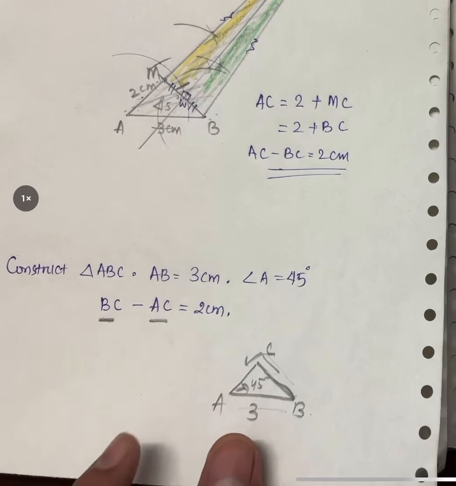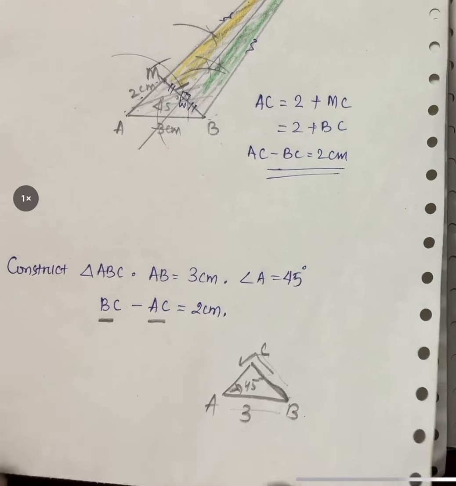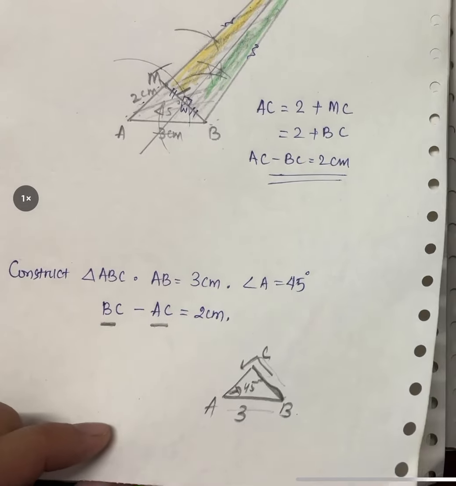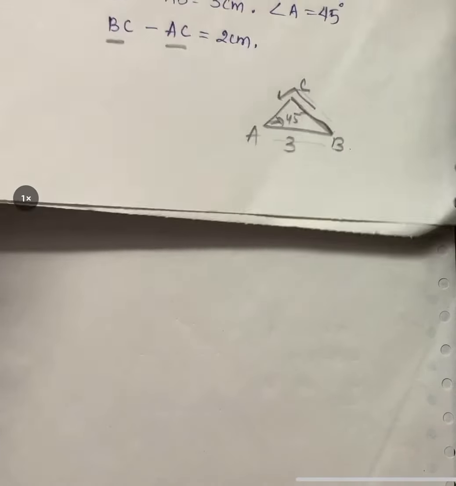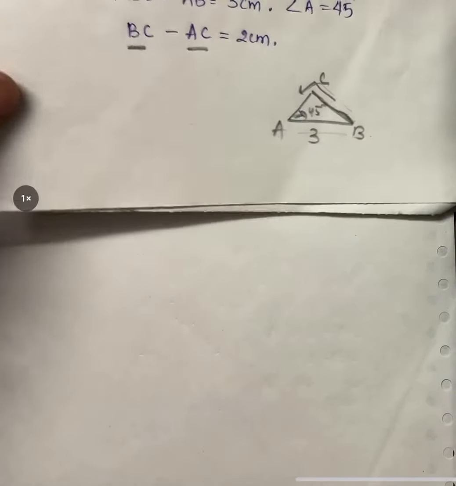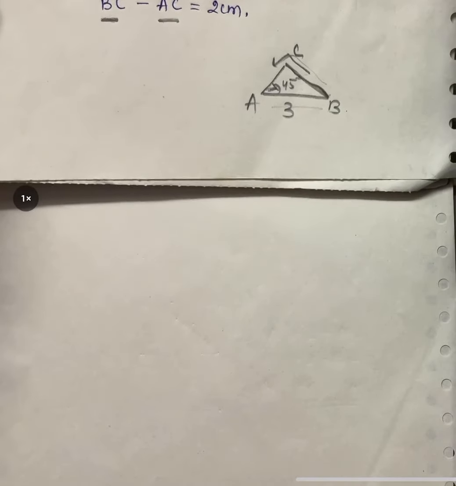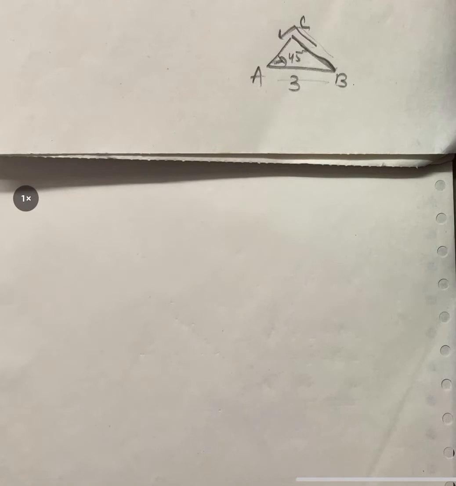Let's remember the question carefully. AB is 3, angle A is 45, and BC minus AC is 2 centimeters. So here is our question, okay? We'll follow it from here. Let's start with the base.